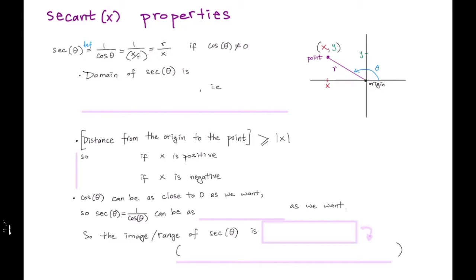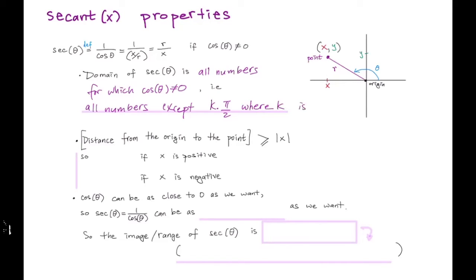So I have the domain is all numbers for which cosine theta is not 0. In other words, all numbers except the number k times pi over 2, where k is an odd integer.